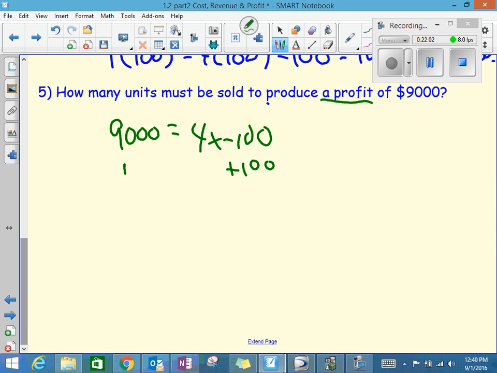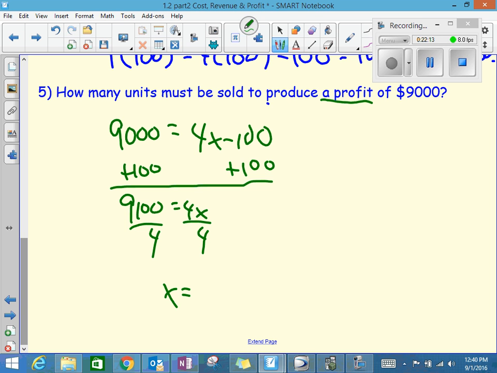So we add 100. So 9,100 equals 4x. Divide by 4. And we get, oh, I don't have that written down.